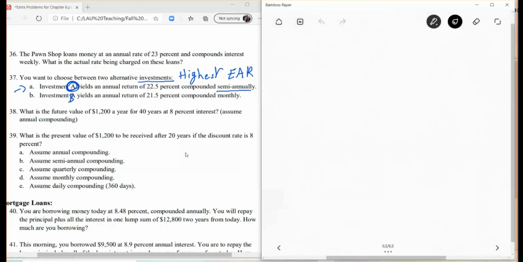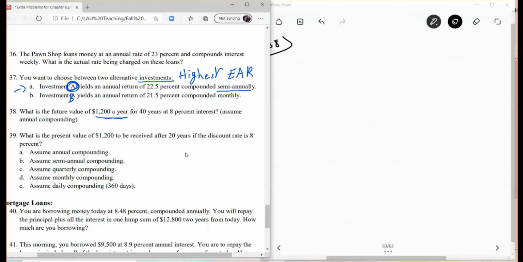Now, number 38. What is the future value of $1,200 a year for 4 years at 8% interest, assuming annual compounding? This question asks you about the future value of an annuity, because this $1,200 is to be received each year. If the question was, what's the future value of $1,200 after 4 years, the $1,200 would have been the present value.